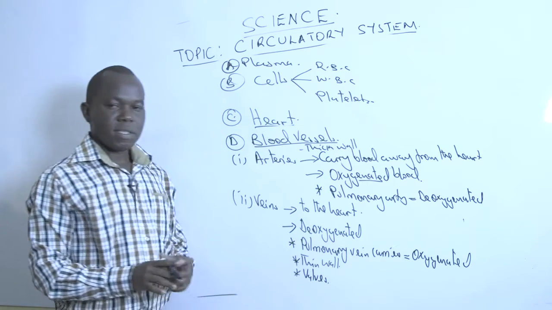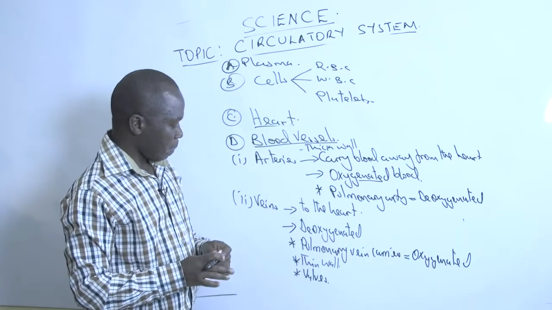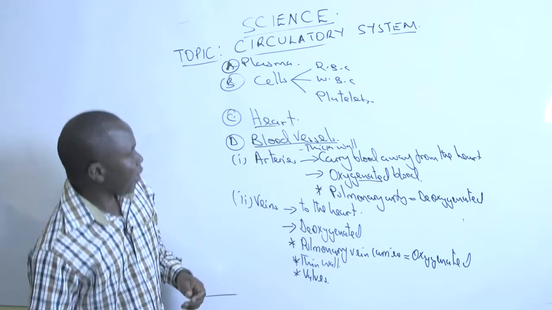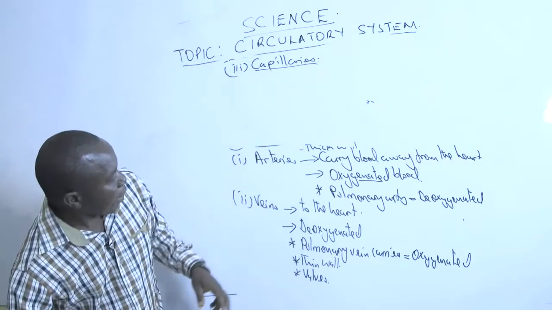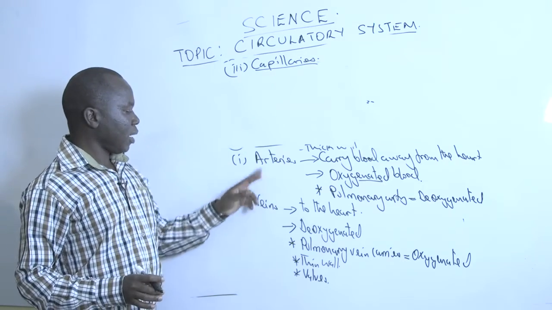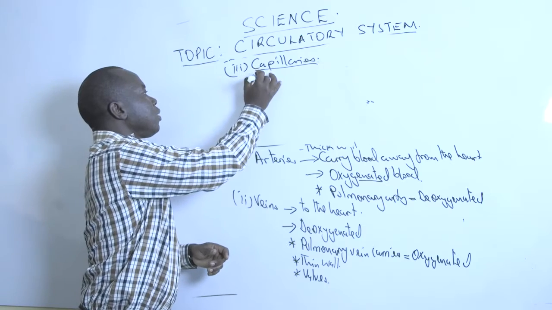These are some of the things you looked at in your previous year. We also have another blood vessel called the capillary. Capillaries are usually smaller than arteries and veins and are highly branched.